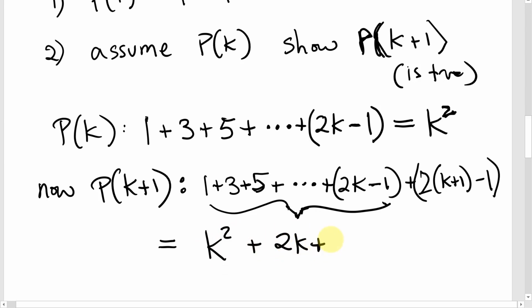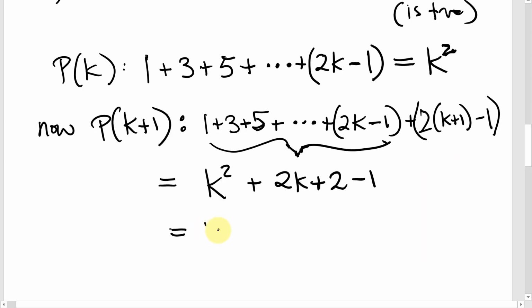plus 2 minus 1. I just distributed the 2. That's k squared plus, well, that would be 2k plus 1 if you simplify.